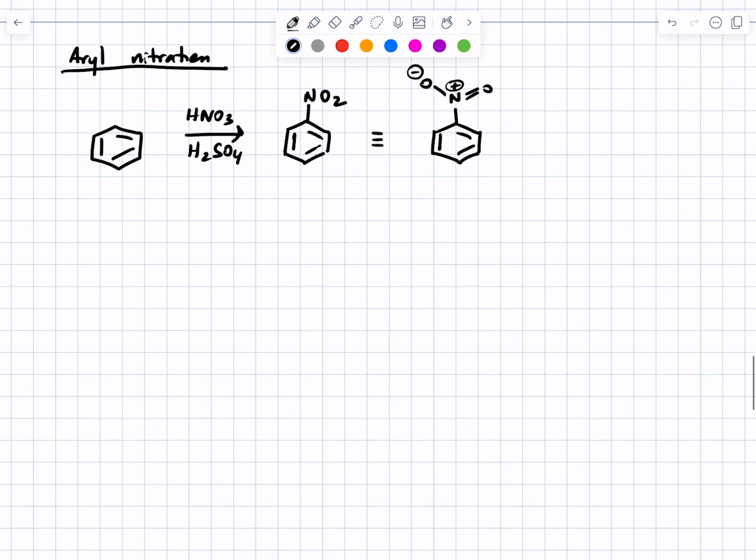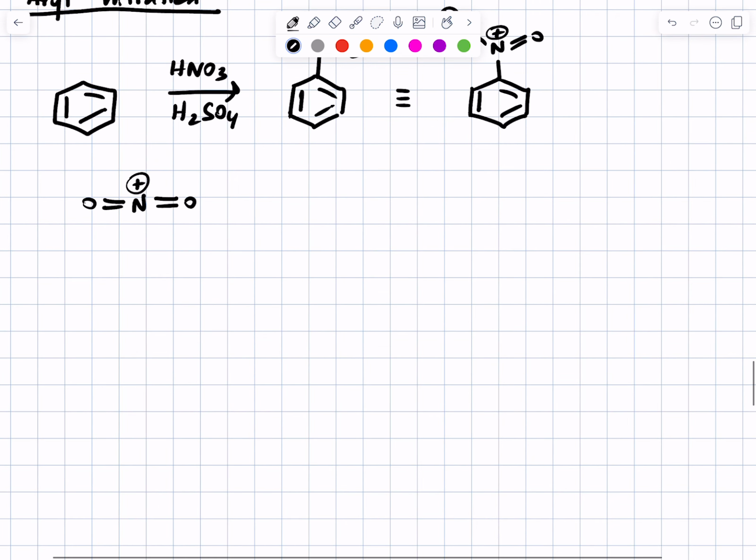But how does the reaction go? It turns out that under the conditions of nitric acid and sulfuric acid, you make some of this electrophile. Now, how that happens is, I don't think, described in detail in your text. If you want to see it, we can talk our way through it just real briefly, but it's not something I'd hold you responsible for.